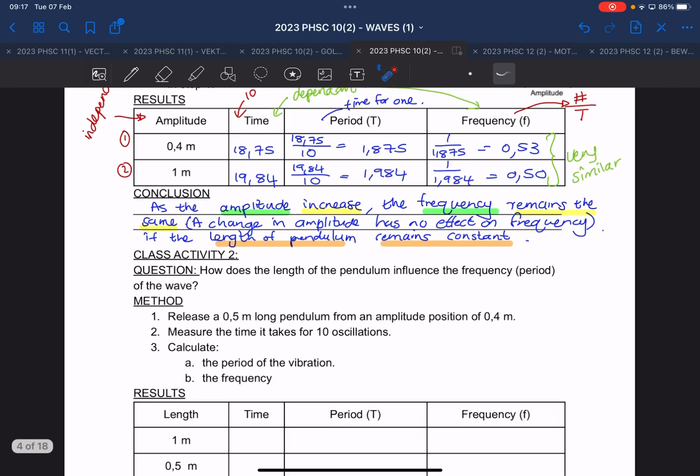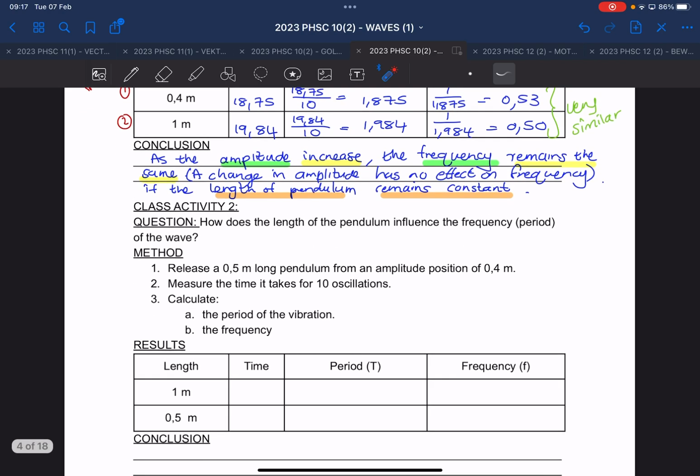We did that one there. So I'm not going to do that experiment again. I'm just going to write down my findings. So this one, I'm going to write down there again. So we got that to be 18.75, 1.875, and 0.53.